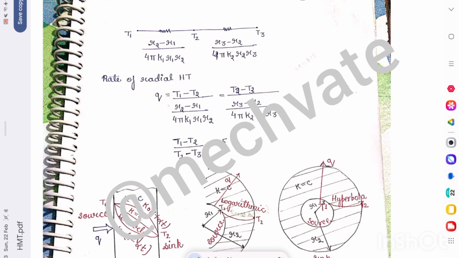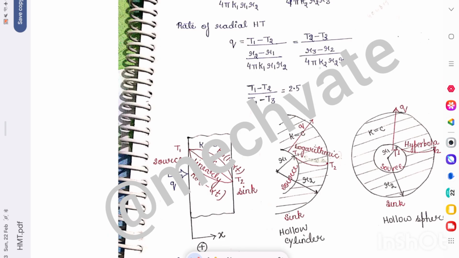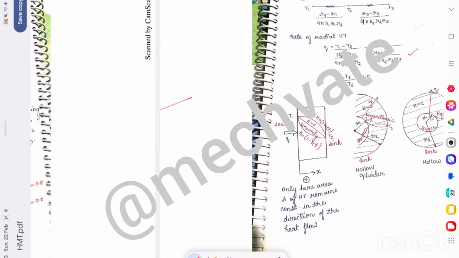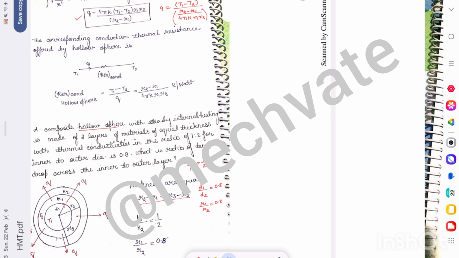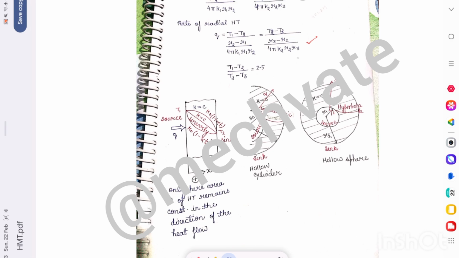The rate of radial heat transfer Q is (T1 minus T2) over (R2 minus R1) over (4 pi K1 R1 R2), and similarly for the outer layer. This is the right formula because in steady state the heat transferred is equal. So what is the ratio of the temperature drop across the inner to the outer layer?